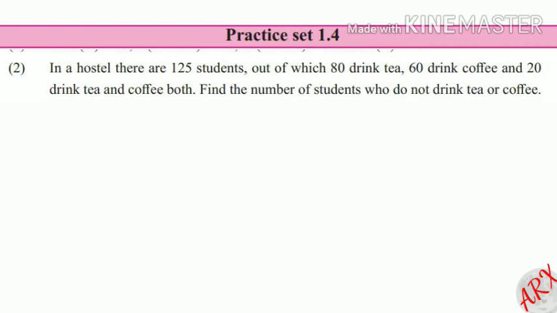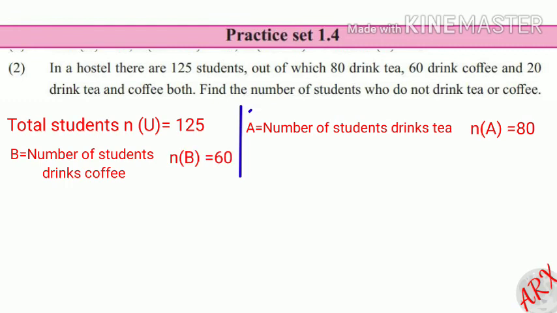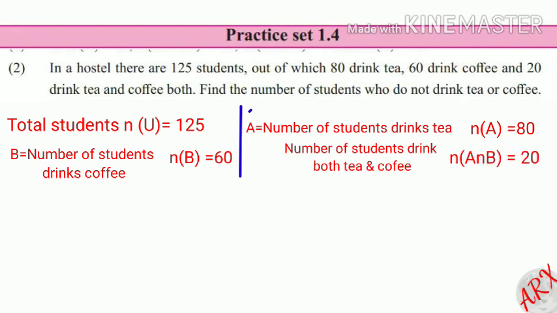Hence, n(U) = 125. A is the set of students drinking tea, hence n(A) = 80. B is the set of students drinking coffee, so n(B) = 60. A ∩ B is the set of students who drink both tea and coffee, so n(A ∩ B) = 20.